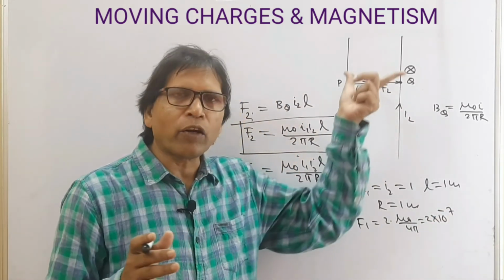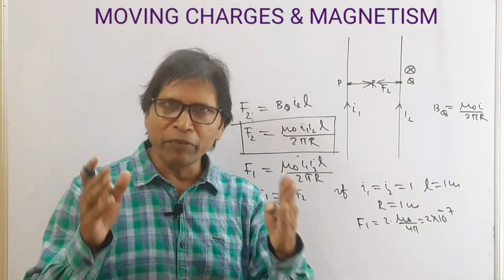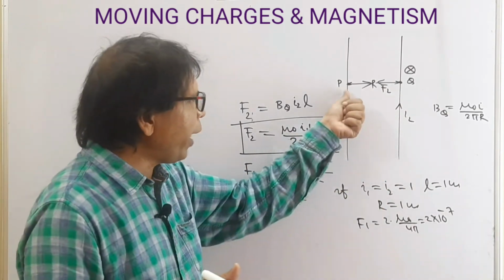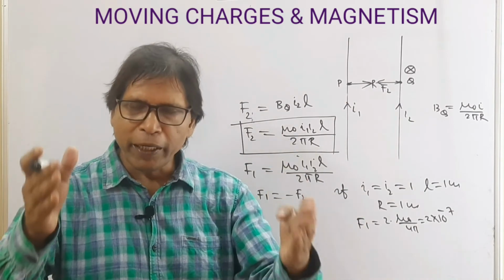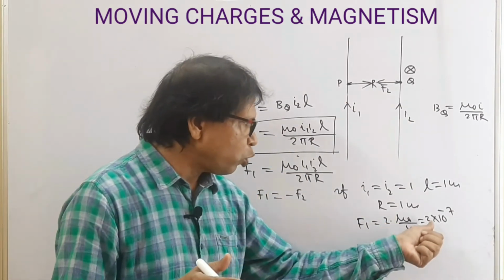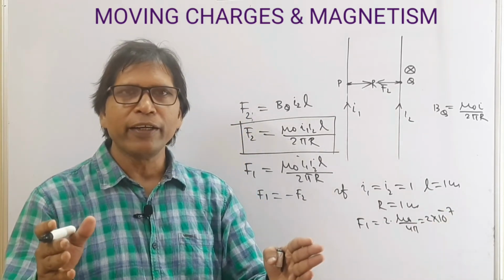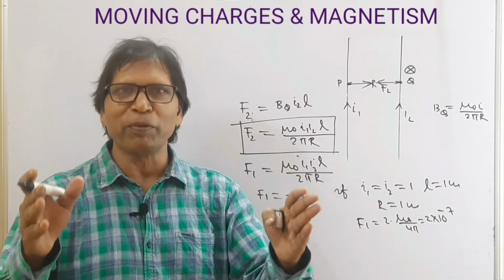If two parallel conductors are separated by a distance of 1 meter in free space, then the unit current in each conductor, by which unit length of each conductor experiences a force of 2 into 10 to the power minus 7 Newton per meter, is called ampere.